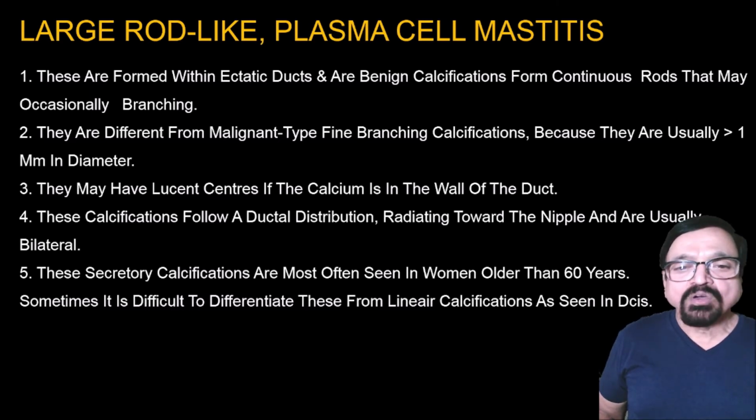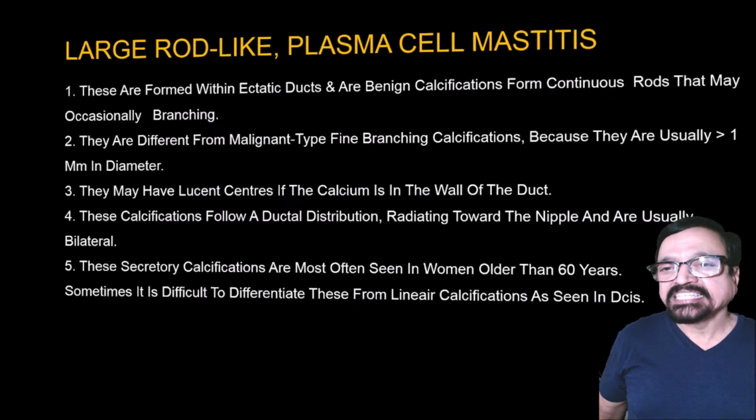They may have lucent centers if the calcium is in the walls of the duct. These calcifications follow a ductal distribution radiating towards the nipple and are usually bilateral. These secretory calcifications are most often seen in women older than 60 years. Sometimes it is difficult to differentiate these from a linear calcification as seen in DCIS.